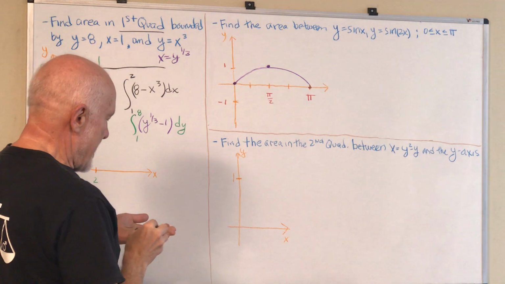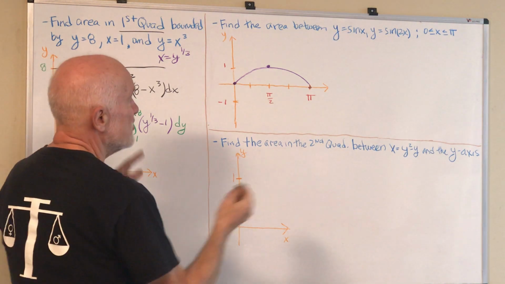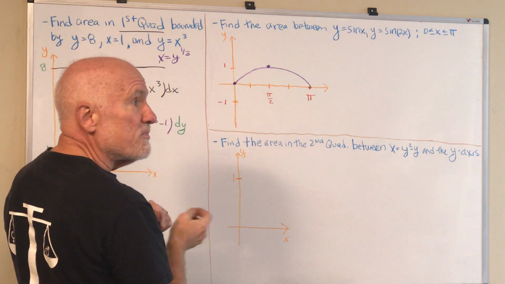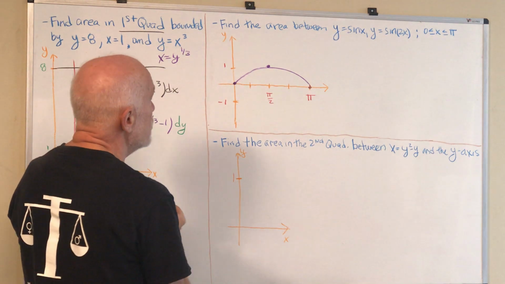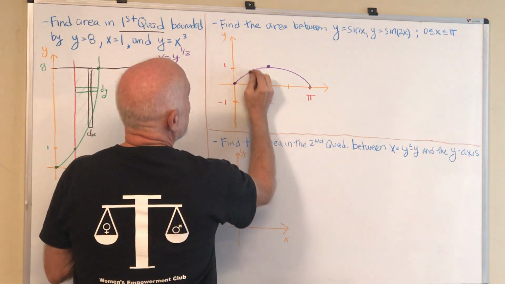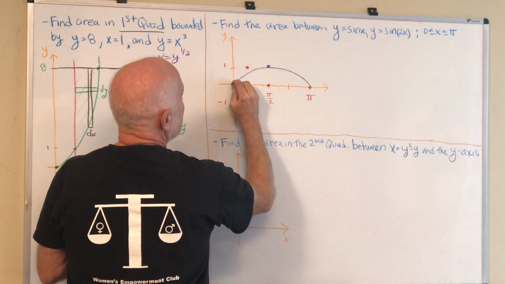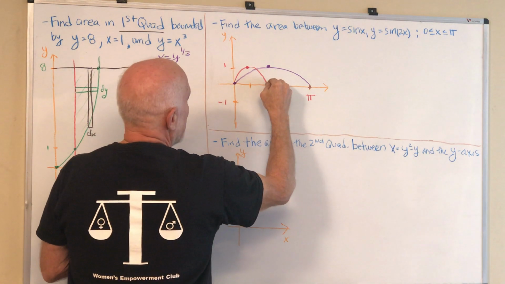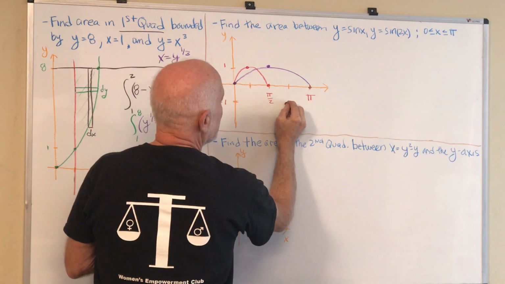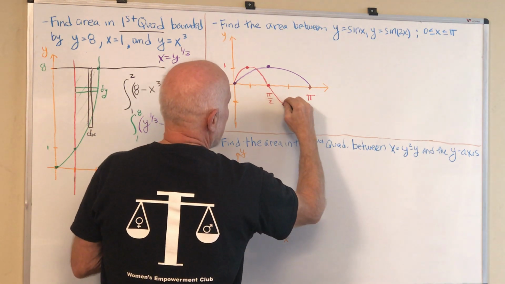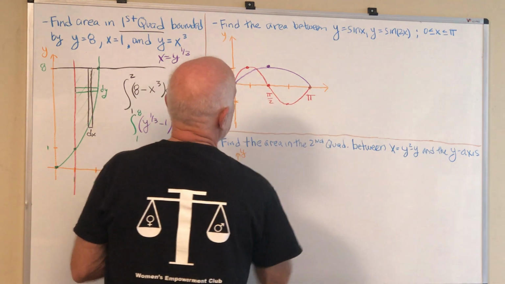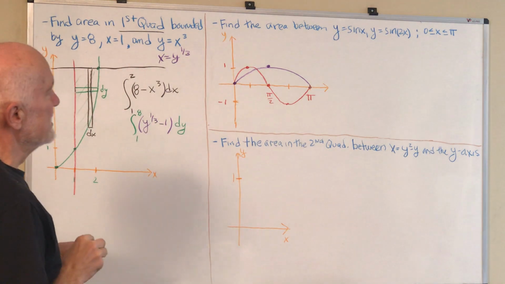The sine of 2x just gets compressed by a factor of 2. So it goes up to 1 at pi over 4, and then it's back down to 0. And now it would go negative in the second quadrant here, from pi over 2 to pi.